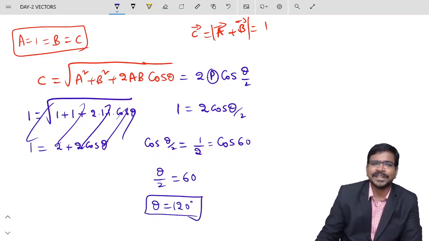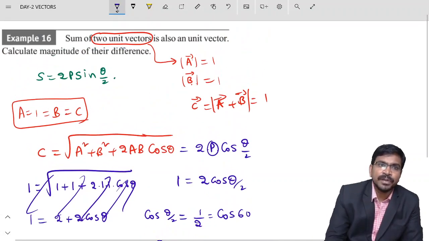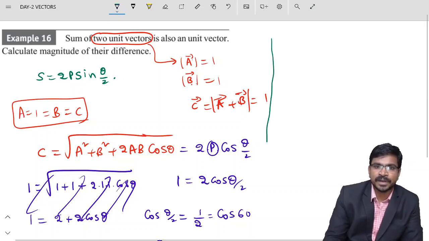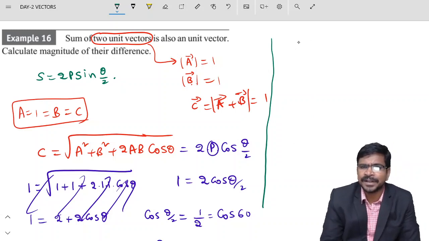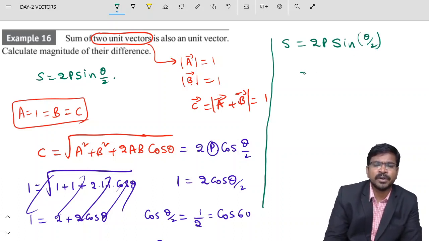So now I got theta. And after getting theta, I need to find the magnitude of their difference. For that purpose, in the case of their difference, again what is the formula? Difference S is equal to 2p sine theta by 2, where p is the magnitude, which I know is 1 for a unit vector. Theta is 120.